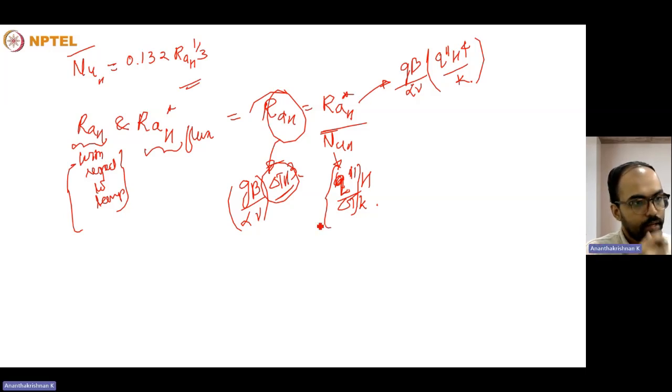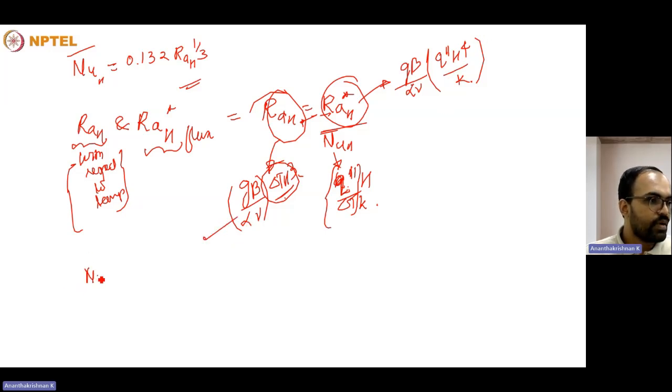So this is trying to bring an equivalence between the Rayleigh number based on the heat flux and the Rayleigh number based on the temperature. If we calculate the Rayleigh number based on the heat flux, we can get the Rayleigh number based on the temperature from these formulas. For that, we require the Nusselt number value. If you know the Nusselt number value, we can directly get the Rayleigh number based on the temperature. Basically, when we take this delta T by H to the left hand side, it gets cancelled, and it becomes H raised to 4, and q double dash by k gets cancelled, and H raised to 4 again.